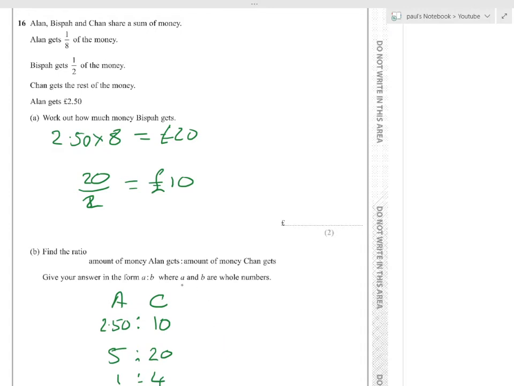Because the amount of money Alan gets to the amount of money Chan gets. Chan's share is 20 take away Alan's. Oh, I'm doing Bisaf.